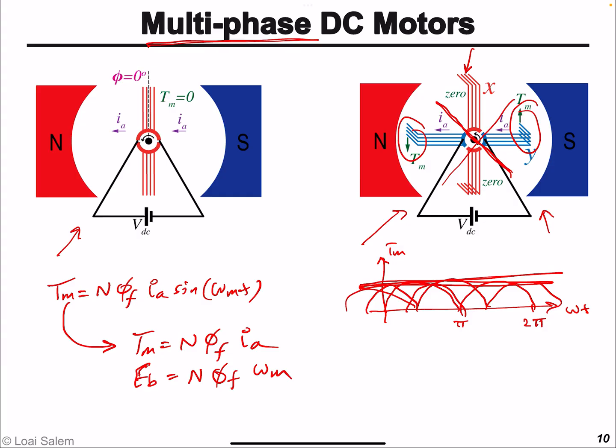And lastly, we'll see that the current that's taken from the source basically approaches a DC value, I capital A. So we can replace this I by I capital A. And generally we take the number of turns times phi f and we call it the motor constant, capital K. And similarly the back EMF is capital K omega m. Alright?